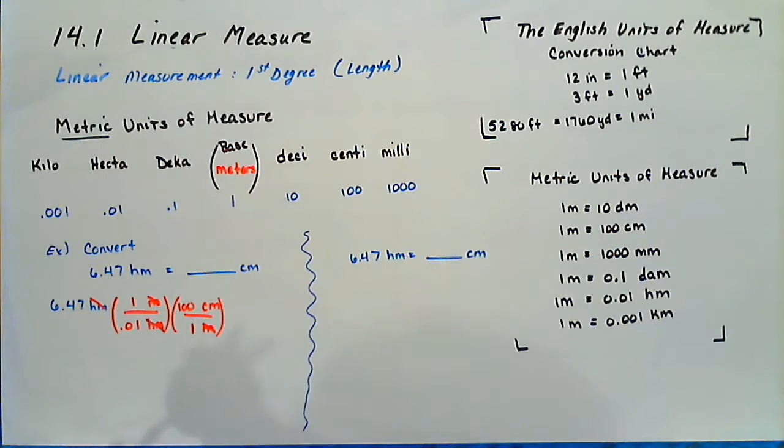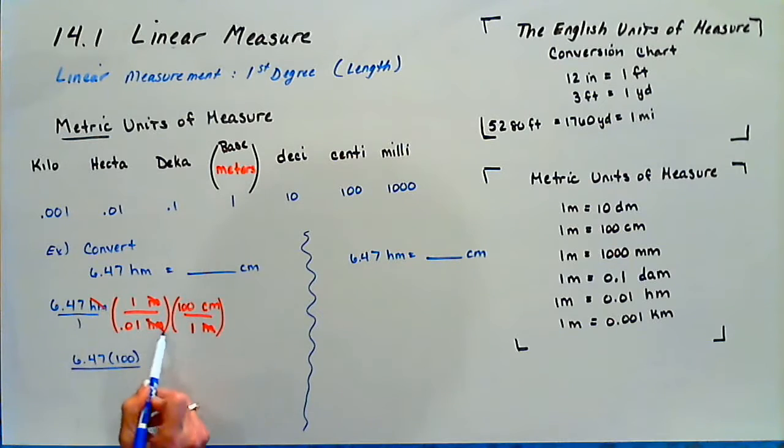So the only unit of measure left is centimeter. 6.47 times 100 in the numerator. Only thing left in the denominator is 0.01. I forgot my calculator, but you'll notice that it's left with the units of measure of centimeters.